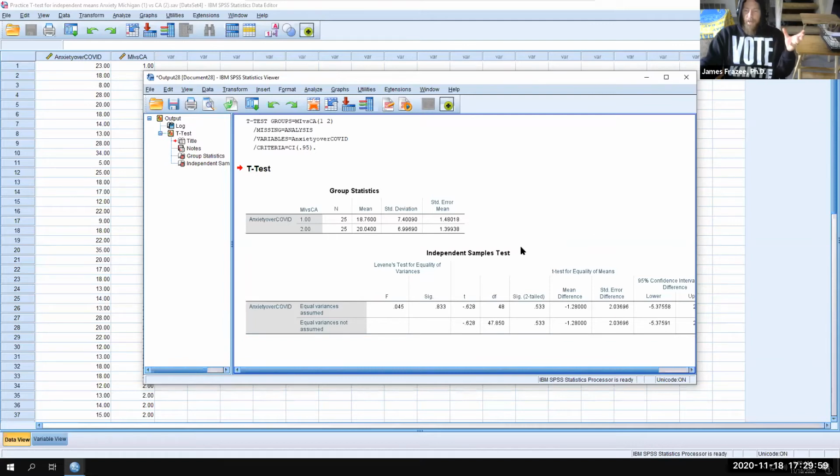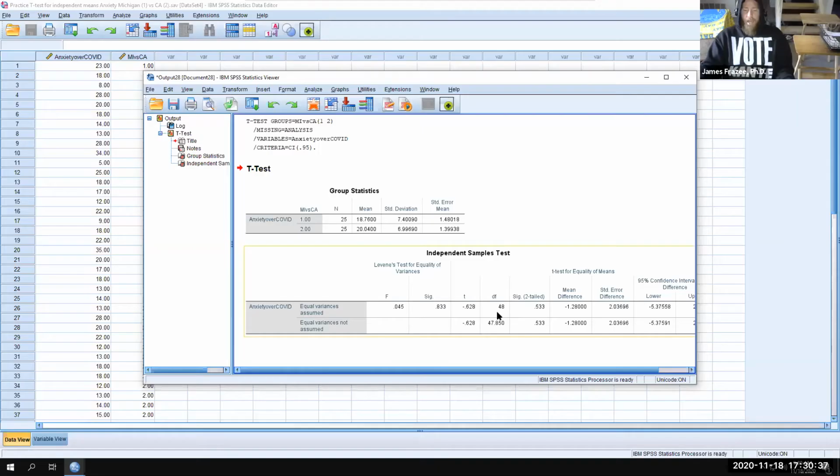We literally expect almost the same amount we're seeing. We actually saw less difference than we would have expected on average between 2 groups. So you hear that? We expect to see a mean difference average between 2 groups that are randomly selected from the same anxiety about COVID population to have on average a difference of 2. We only saw our 2 groups, Michigan and California, with a 1.28.